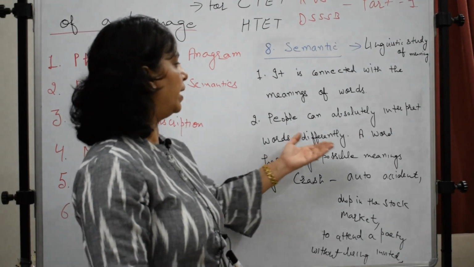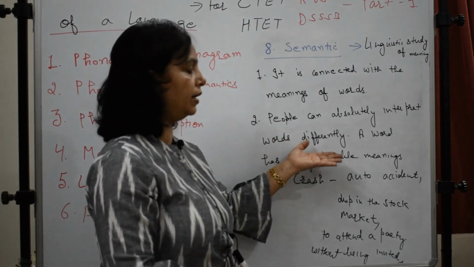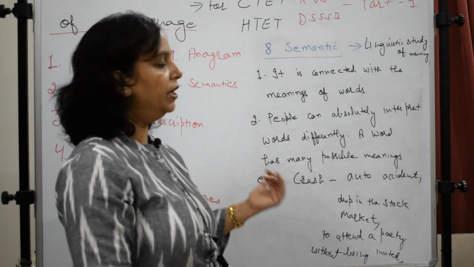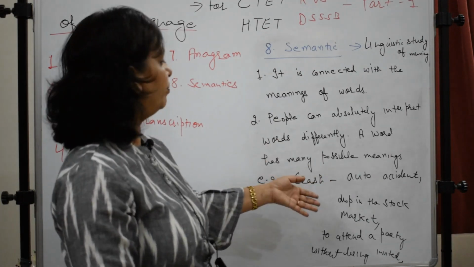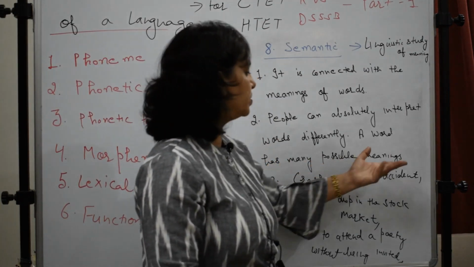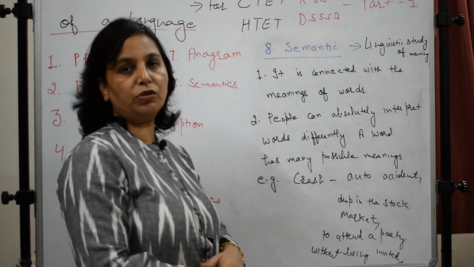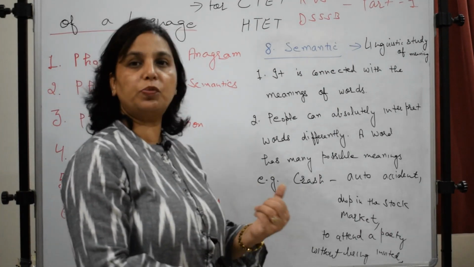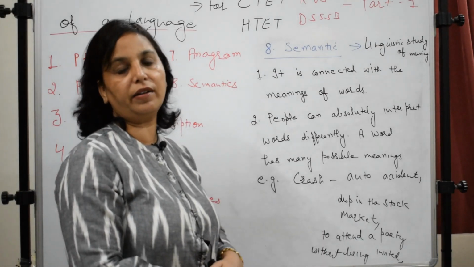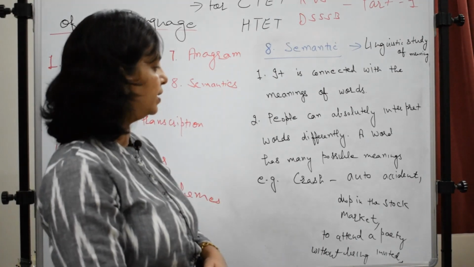Secondly, people can absolutely interpret words differently. It means the same word can have different meanings according to different people. A word has many possible meanings. These meanings can be figurative, like in figures of speech, and in rhetorical devices the meaning is taken differently.